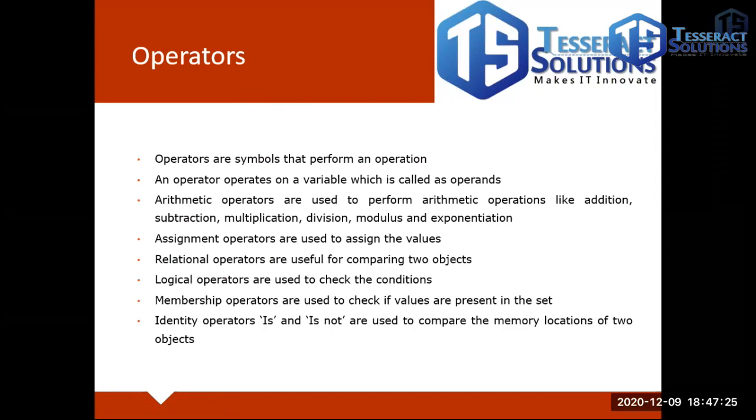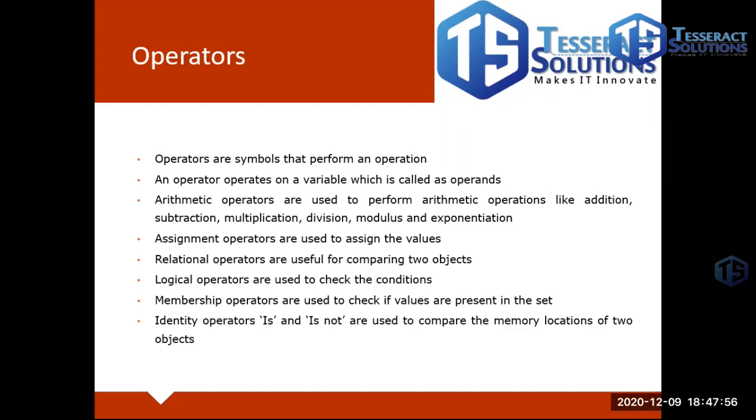Operators are symbols that perform an operation on operands. An operator operates on a variable, which is called an operand. There are multiple types of operators: arithmetic, assignment, relational, logical. Arithmetic operators are used to perform operations like addition, subtraction, multiplication, division, modulo, and exponentiation.